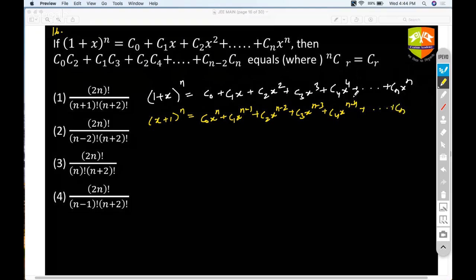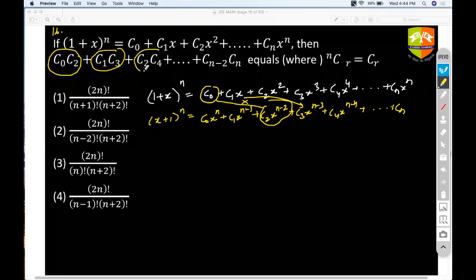Okay. Now we are actually looking for the sum of these series, and this series is obtained when you see that these two terms actually multiply. So C0 C2 is obtained when these two terms multiply. Similarly, C1 C3 is obtained when these two terms multiply.